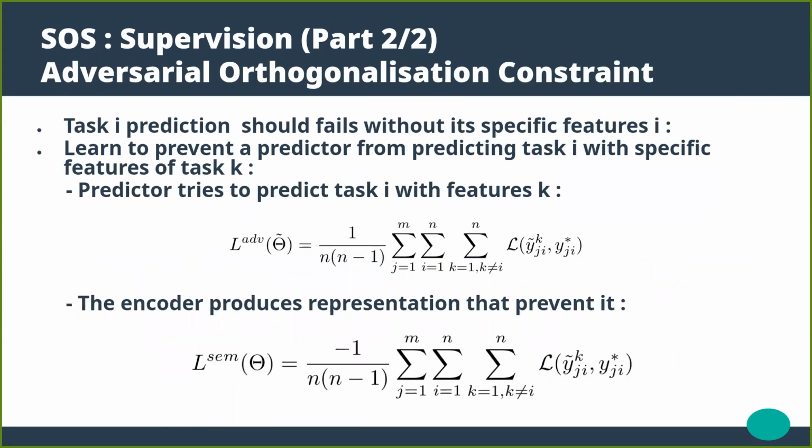Then, the second type of constraints are adversarial constraints and is slightly more complicated to explain. In fact, we want each task-specific feature to be necessary to predict the task it is designed for.